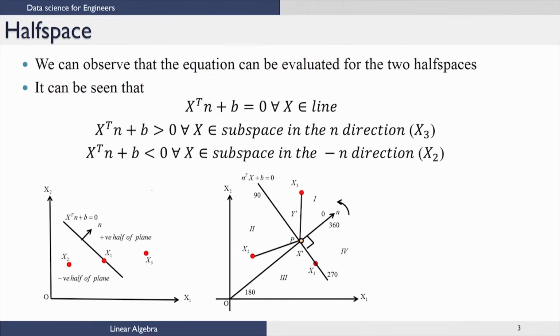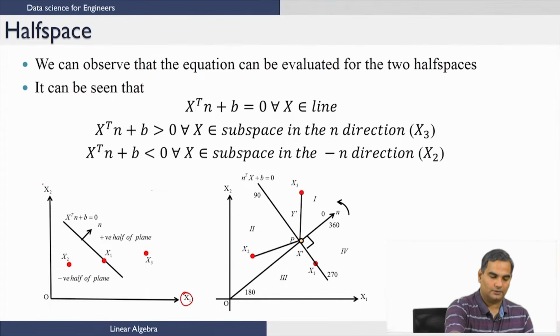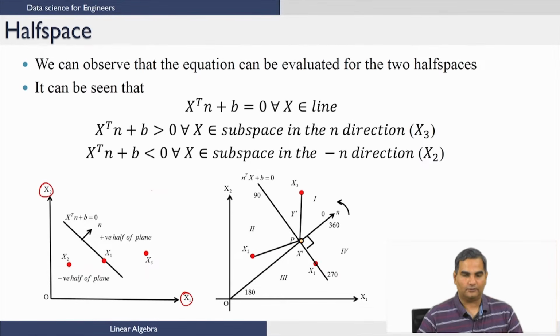To explain the concept of half space, I am going to look at this 2-dimensional picture on the left hand side of the screen. So, here we have a 2-dimensional space in x1 and x2, and as we have discussed before, an equation in 2 dimensions would be a line which would be a hyperplane.